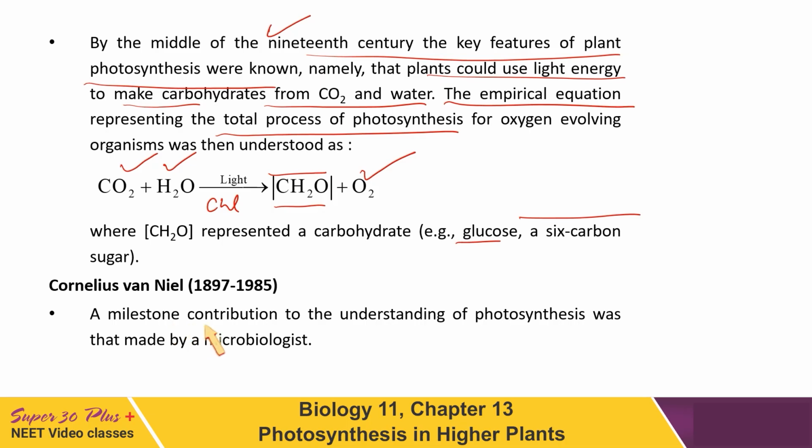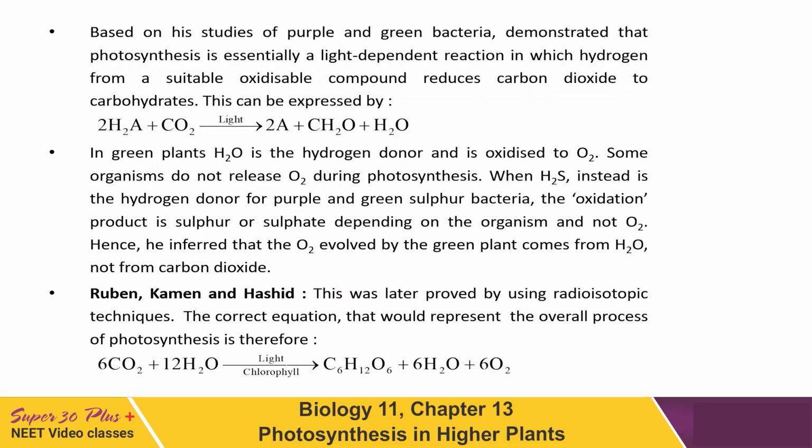A very milestone contribution to understand photosynthesis was given by Van Niel, who was a microbiologist. Milestone contribution, remember what he told. Van Niel, being a microbiologist, based his studies on purple and green sulfur bacteria.